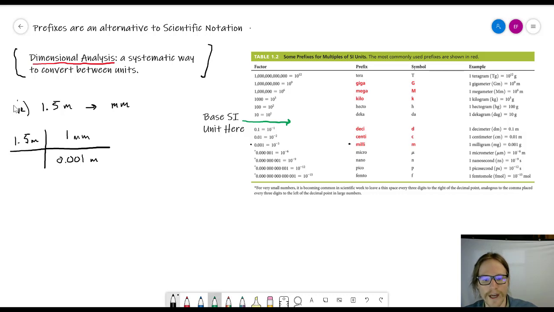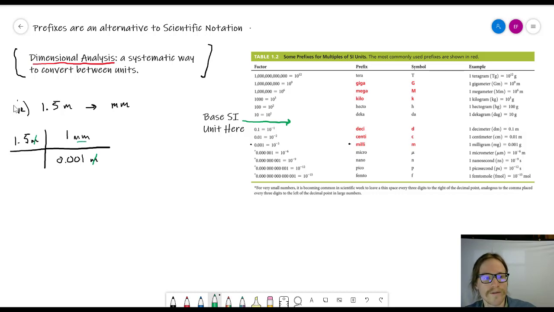And what I can do now is keep track of my units. I'm going to come in here with this different color pen, and because I'm dividing these two units, those two are going to cancel each other out, which means after I run this computation, the resulting value is going to be in whatever units are left over after this dimensional analysis. In this case, the only unit that exists is this millimeter.